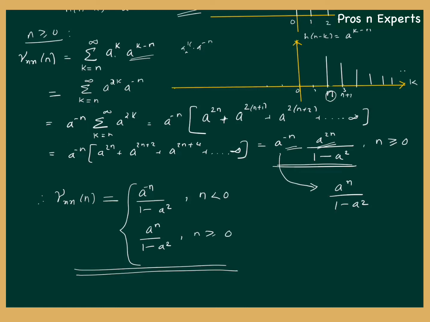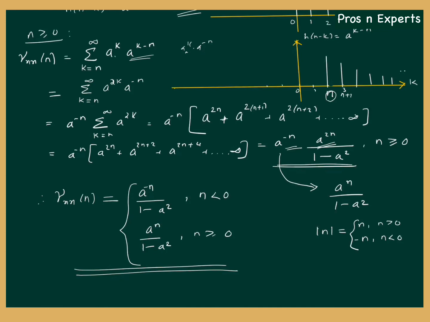Right, now this is the final answer, but still I can reduce this. You know the expression for mod n. Mod n is equal to n for n positive and minus n for n negative. So keeping this result in mind, look at this expression again.